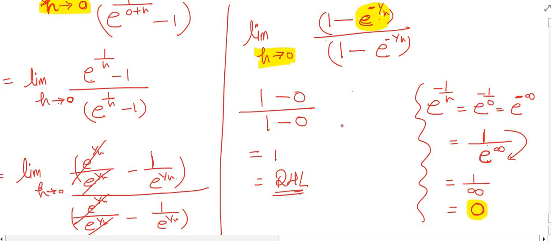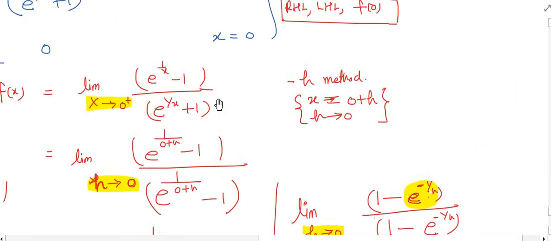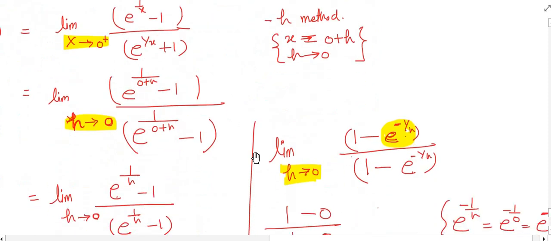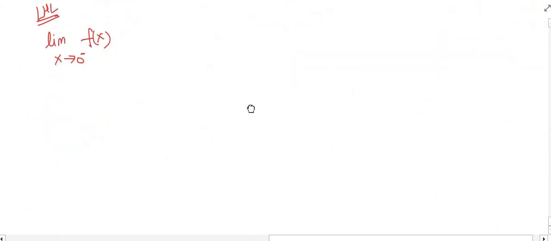Now I will do the LHL. For the LHL, what do we write? We write limit x tending to 0 minus of f(x). Which f(x) do we take when x is not equal to 0? This one, because it is a little bit less than 0.